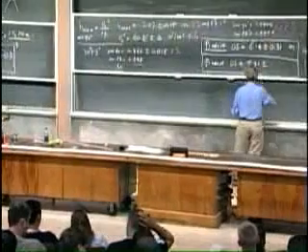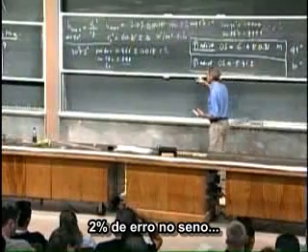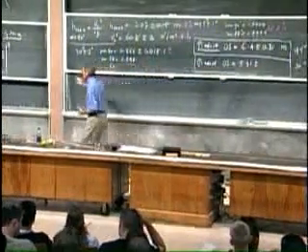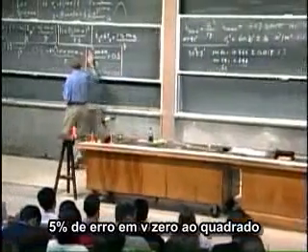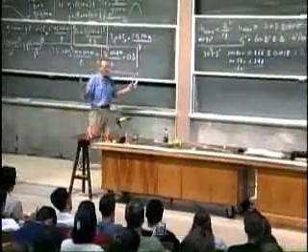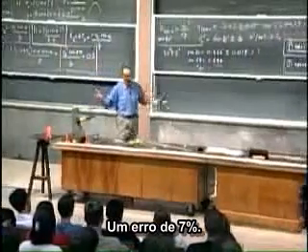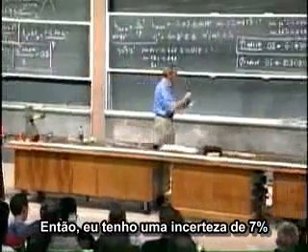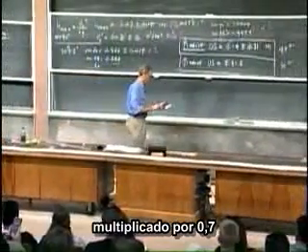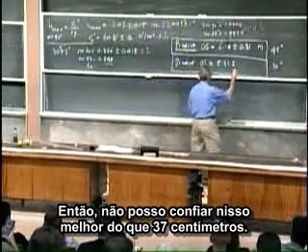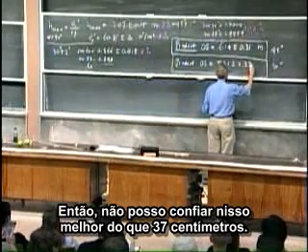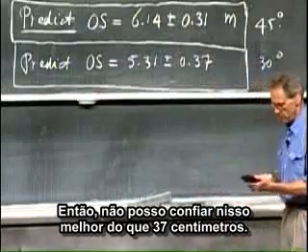plus or minus. Now, 2% error in the sine of 2 alpha, 5% error in V0 squared. That gives me a 7% error. So I have a 7% uncertainty multiplied by 0.07. So I cannot trust this any better than 37 centimeters.